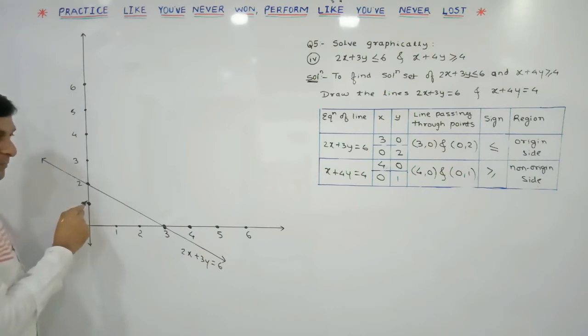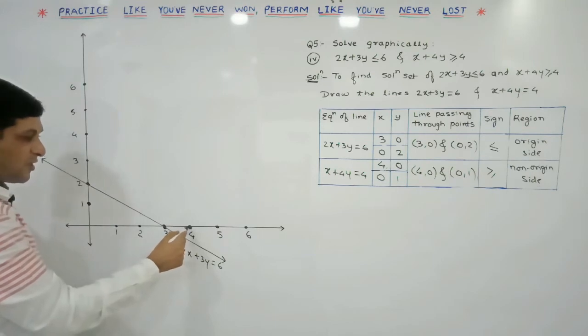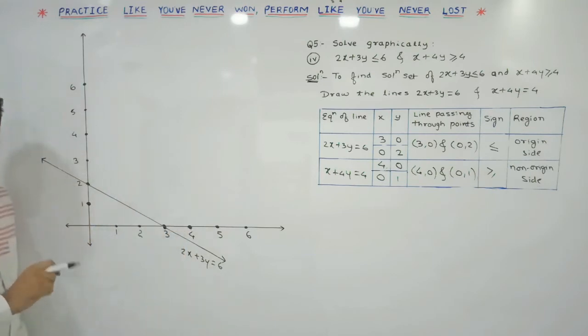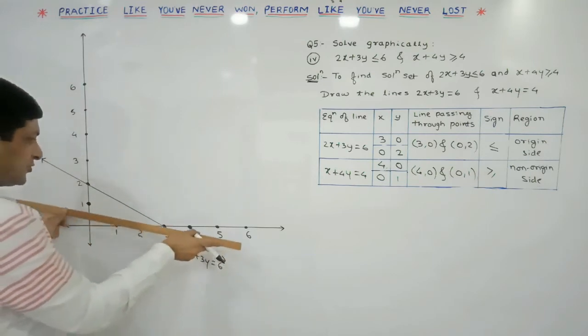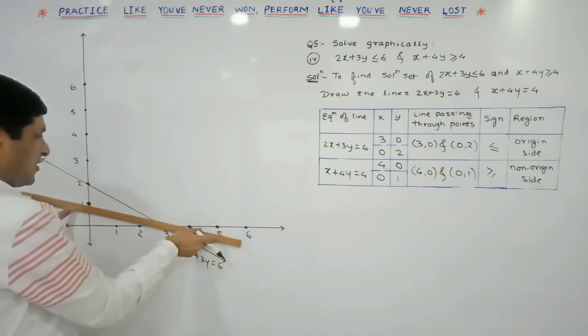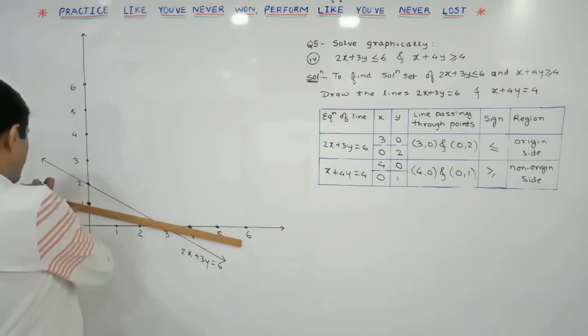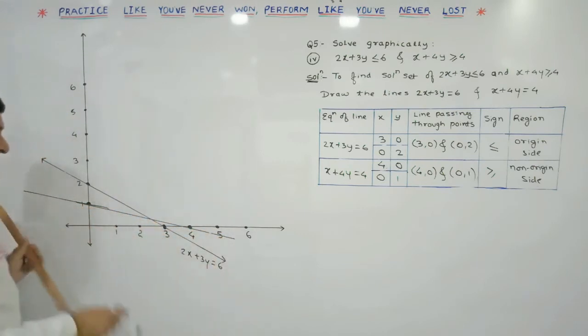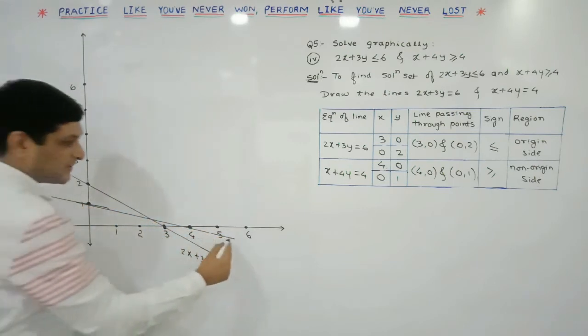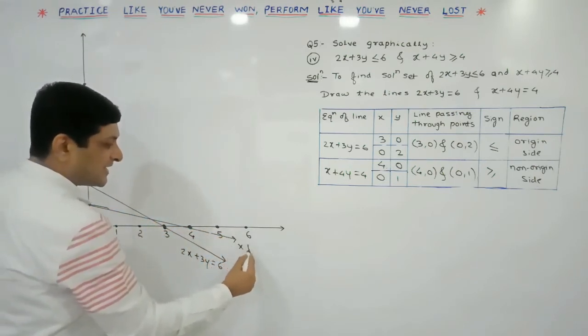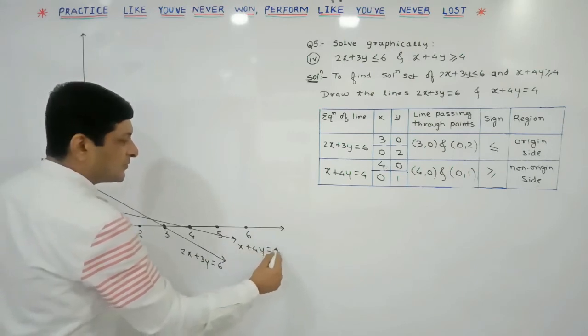So the positions of both points are known to us: (4, 0) and (0, 1). Now draw a line passing through these 2 points. Once the second line is also constructed, write down its equation, that is x plus 4y is equal to 4.